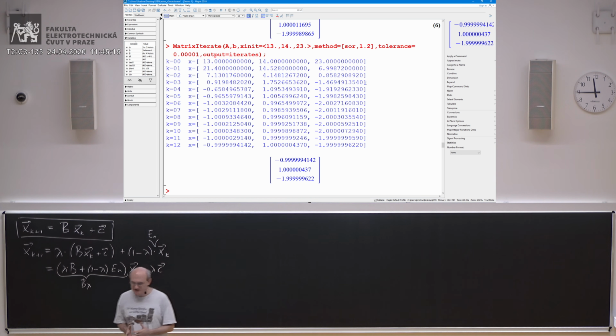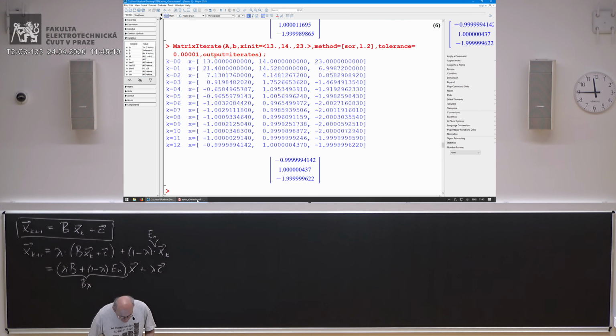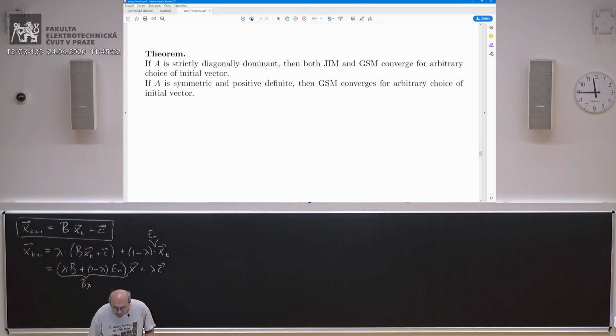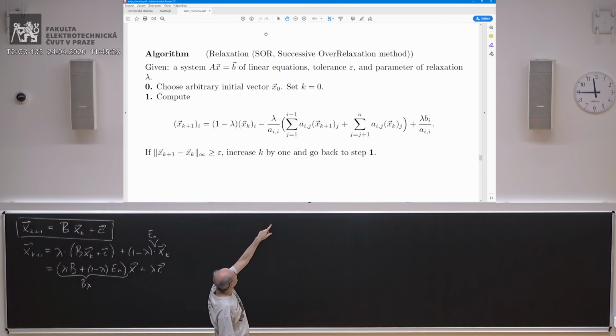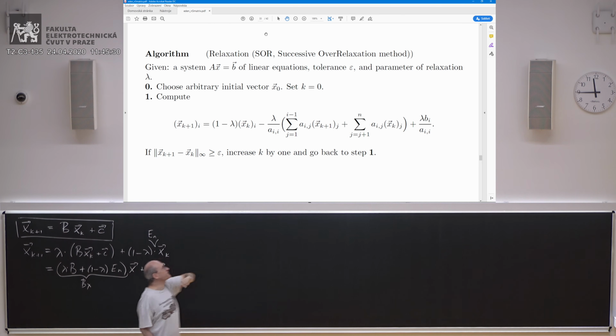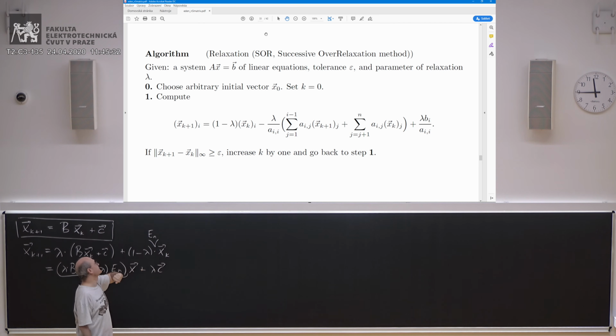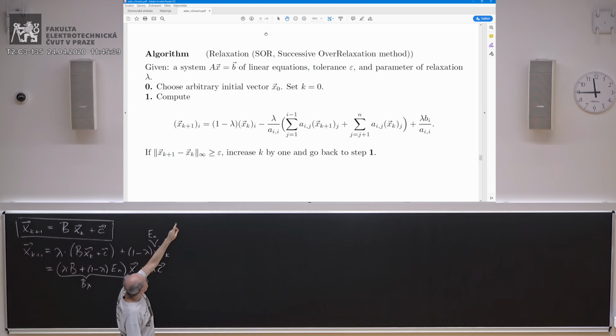And then very often we use lambda larger than 1, which brings me to the slide that's here. We have a formula here which combines lambda times the formula for the Gauss-Seidel iteration, which is where we apply relaxation very often. So this is Gauss-Seidel, there is the traditional stopping condition, and there is the name, successive over-relaxation method.